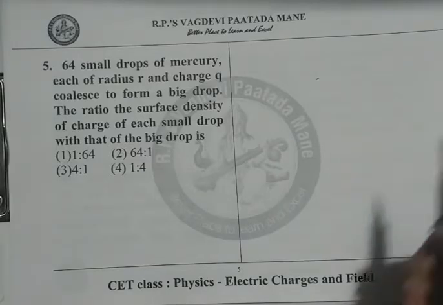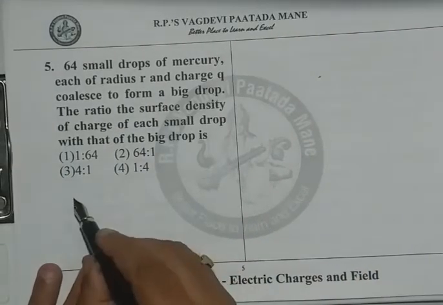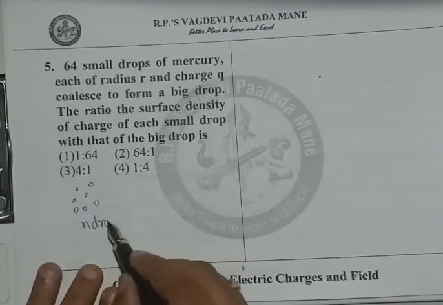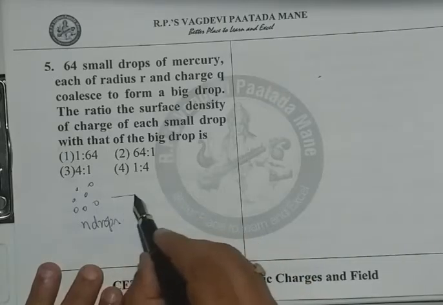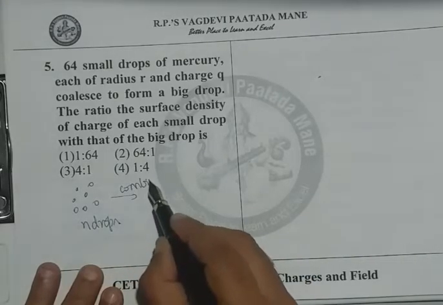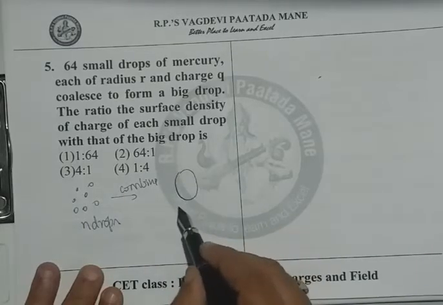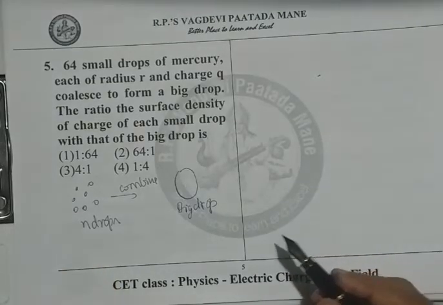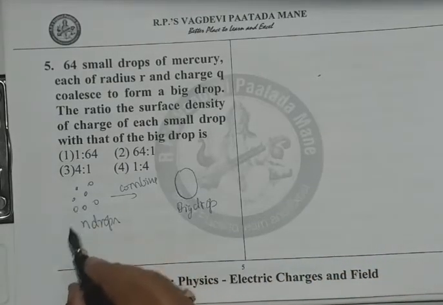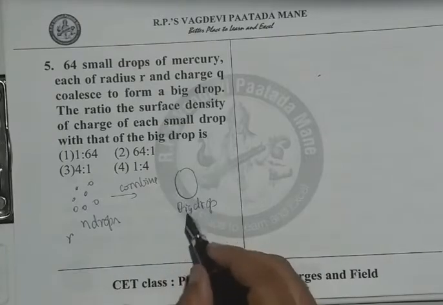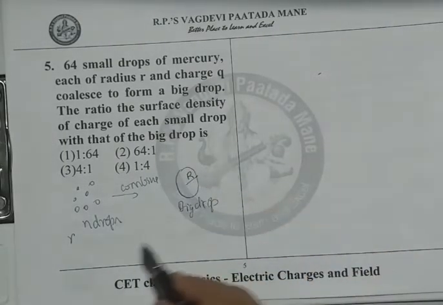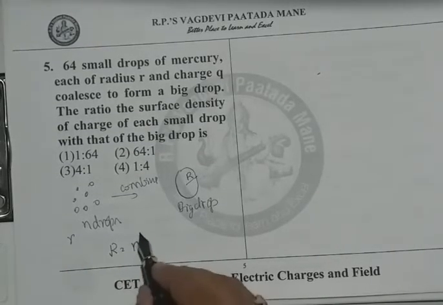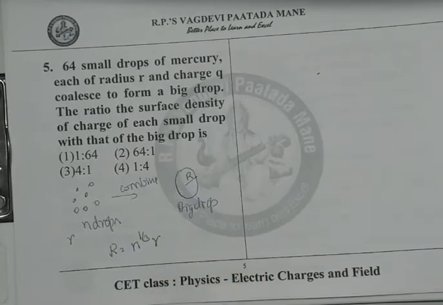Now we do one thing. We know when we have n drops of liquid combine to form a big drop, if each small drop is of radius r and the big drop is of radius capital R, the radius has a relation capital R equals n to the power of 1 by 3 into small r.